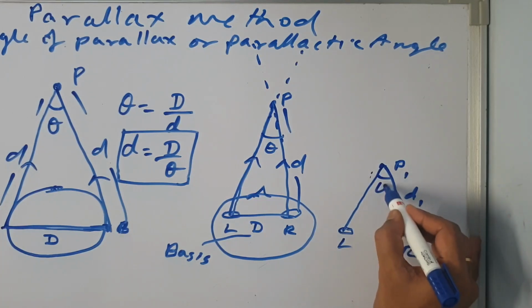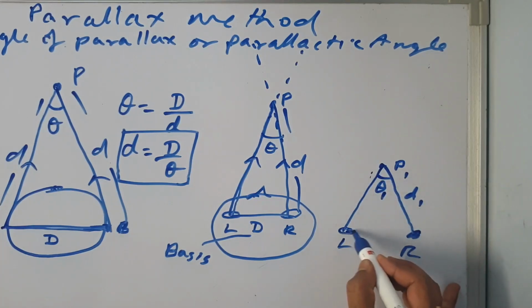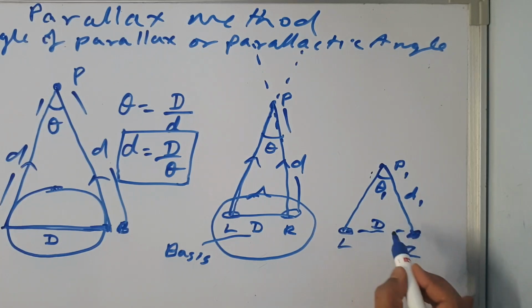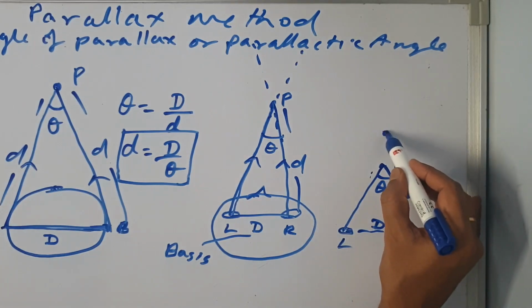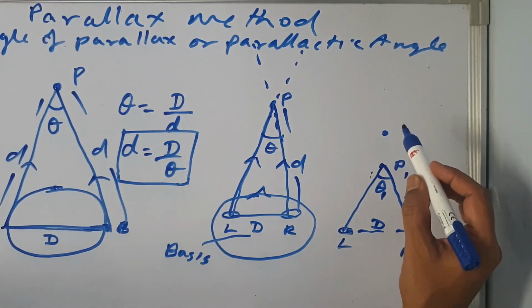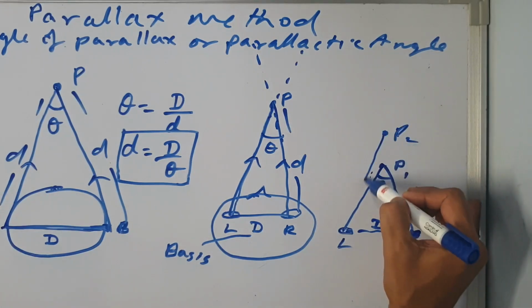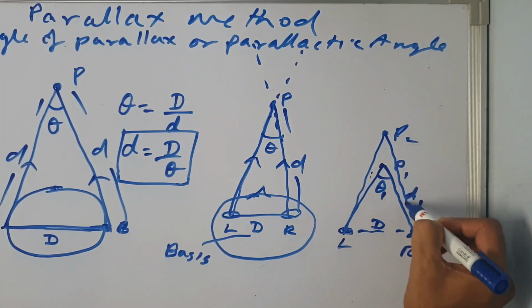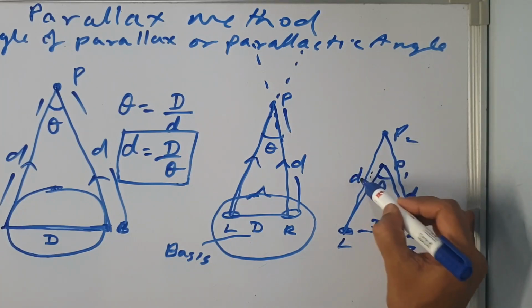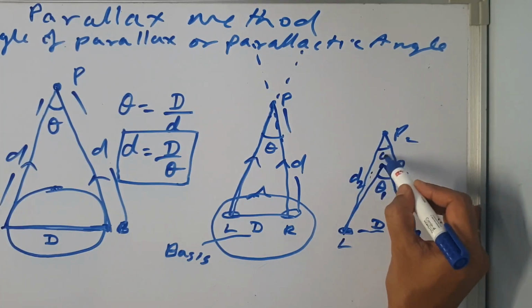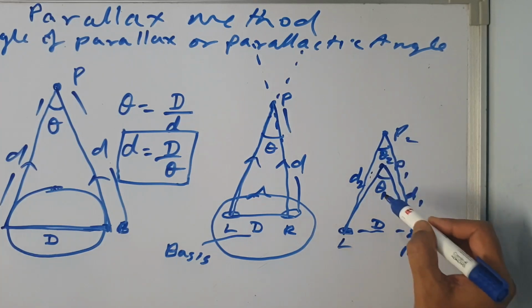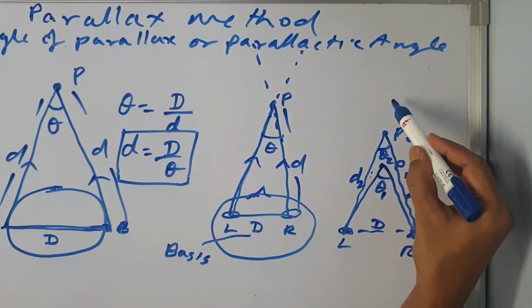The angle of parallax is theta 1. This is the basis, capital D. Now if you shift the point a little backwards to P2, so that the distance becomes d2, the angle of parallax is reduced now, lesser than theta 1.